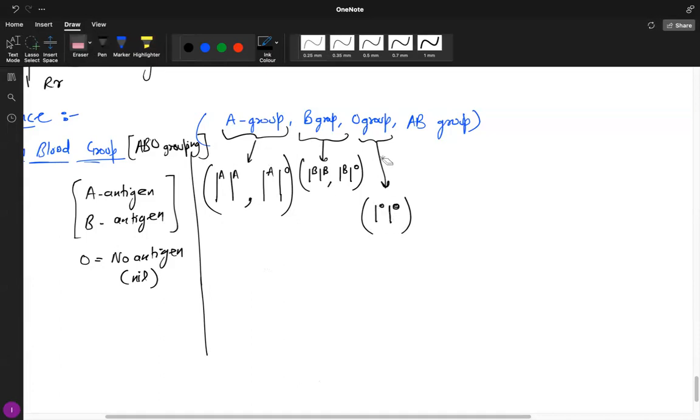Yes, sir. Now, can a kid have O group when the parent is AB group? To answer that, first let's go to what it means to be an AB group. When can a person be AB group?